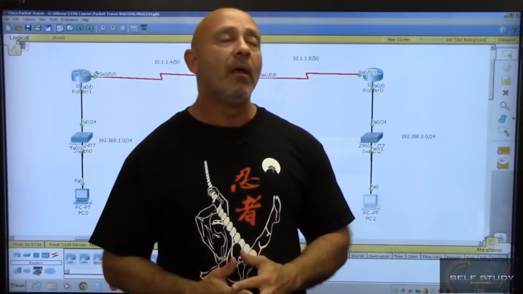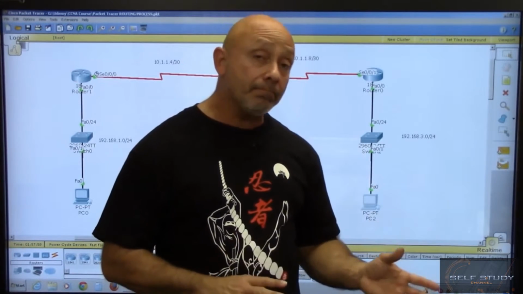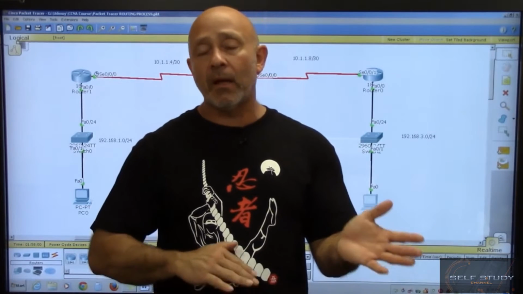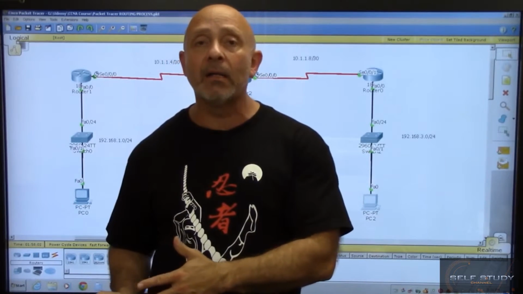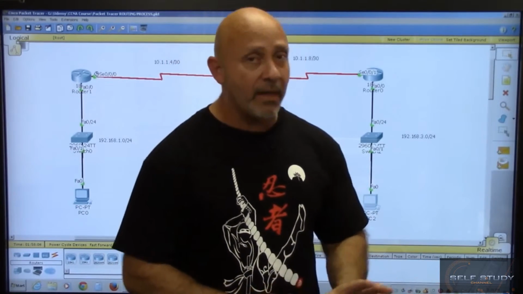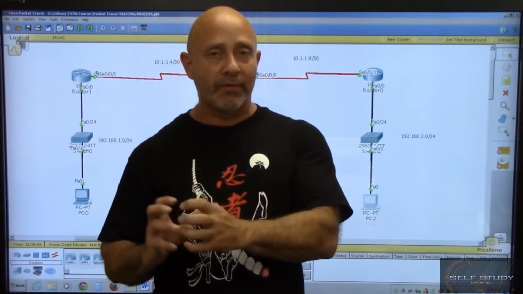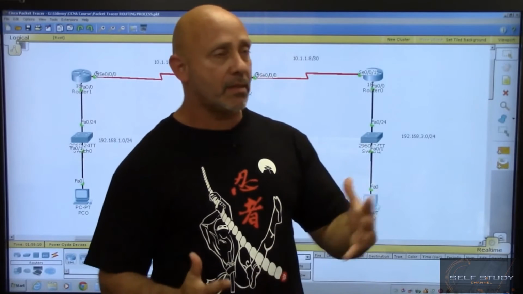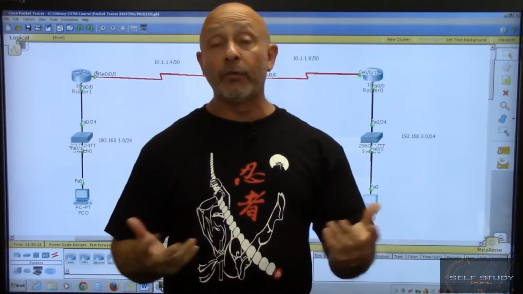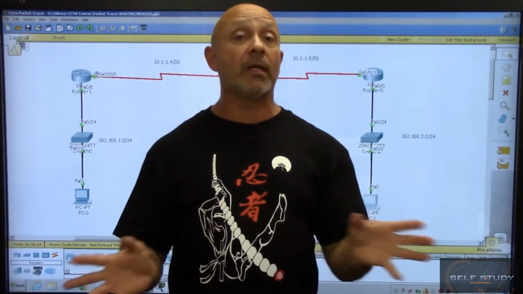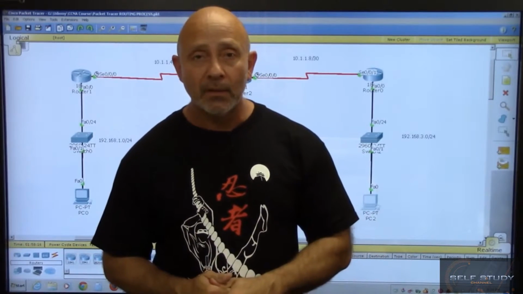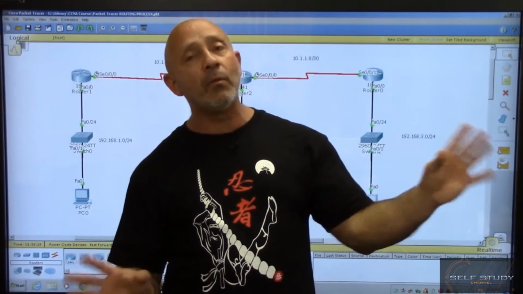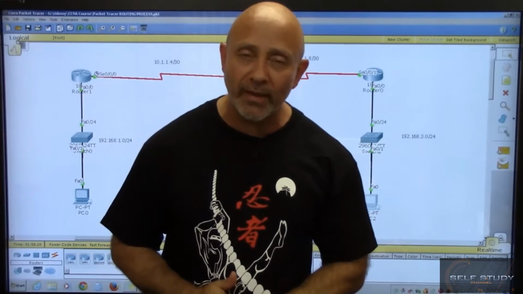If you use dynamic routing, then it's bad for the router. The router is calculating all sorts of algorithms and math, trying to find out which way to go, especially if you have a lot of redundancy. But good for you, because all you have to do is put in the networks you're connected to. It's the opposite, because dynamic routing is routing by rumor. You kind of snitch yourself out, right?